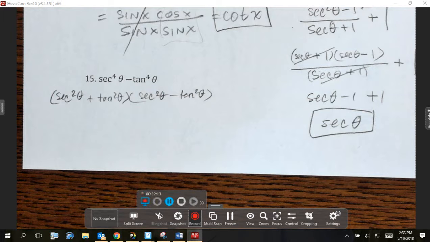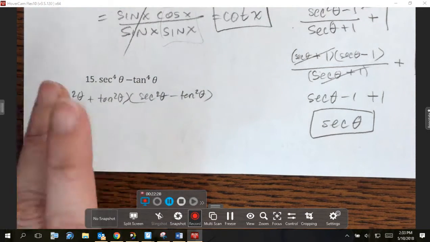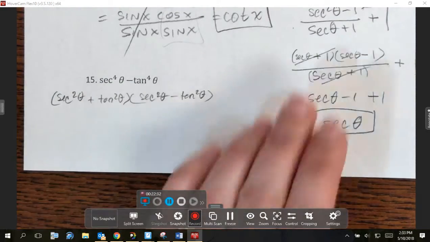So when they're fourth powers, they are not Pythagorean identities. But when they are squareds, they could possibly be Pythagorean identities. So we go and we look at our Pythagorean identities. I'm telling you they're both not, but do either of these match a Pythagorean identity when you look at them?